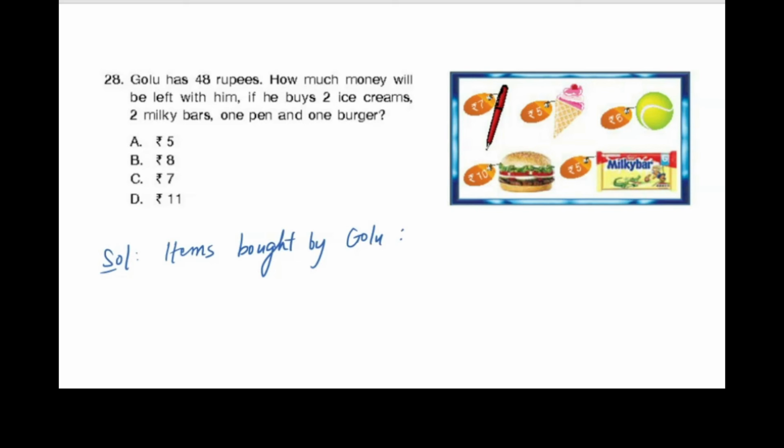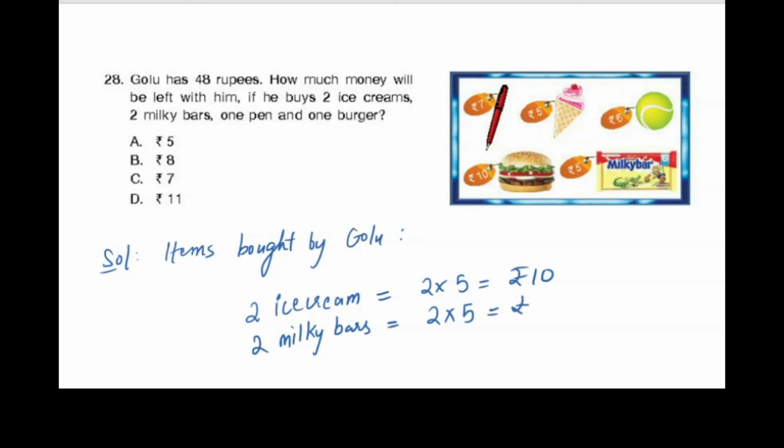Okay, so first he has bought 2 ice creams. So the cost will be 2 times 5, that will be rupees 10. Next he has bought 2 Milky Bars. That means 2 times the cost of Milky Bar 5. Again it's rupees 10.